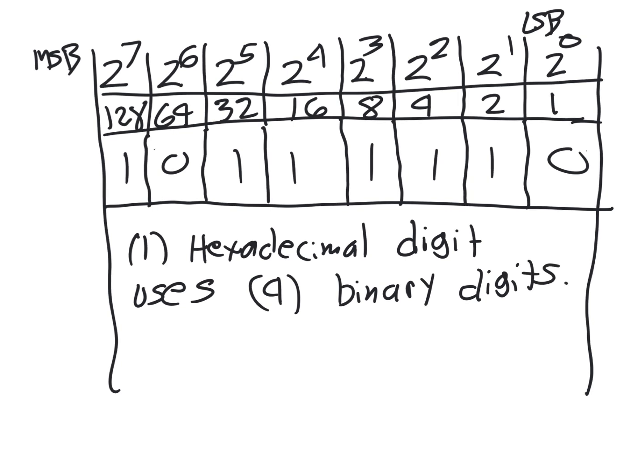Okay, so 4 binary digits can be represented as 1 hexadecimal.